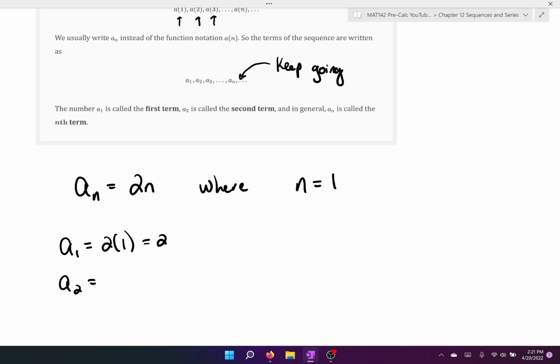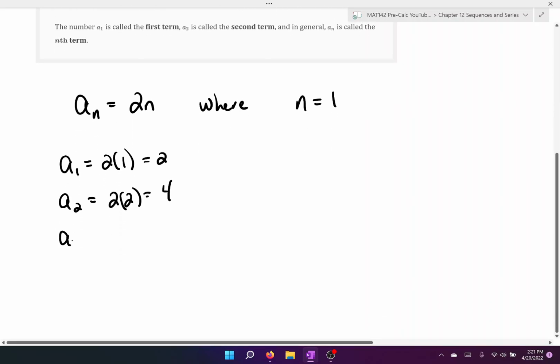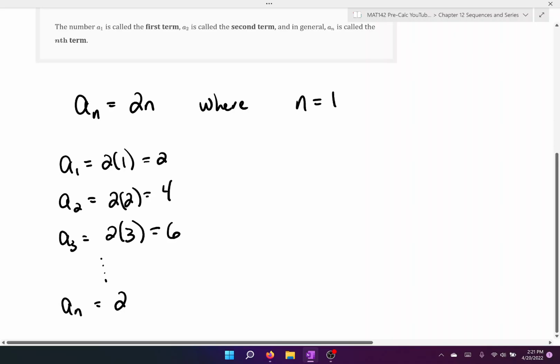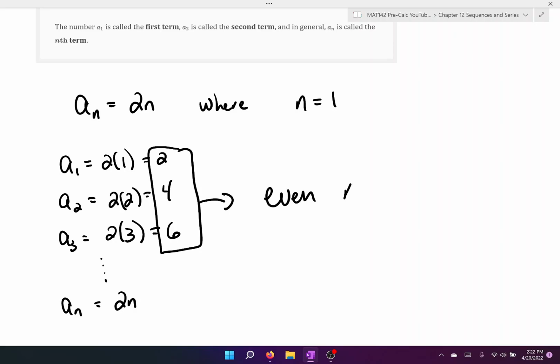A2, our second element within this sequence, is going to be 2 times 2, which is 4. A3 will be 2 times 3, which is 6. And we would just keep doing this for AN, which equals 2N. If you've noticed, these numbers that I'm generating are all even numbers. So this is nothing more than a sequence of even numbers.